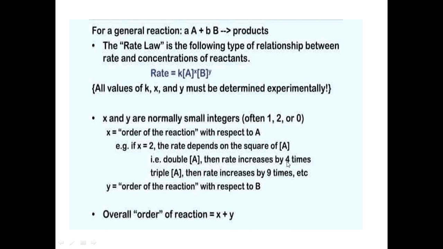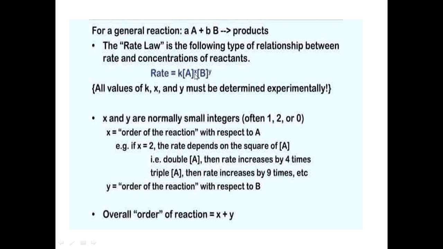In the same way, when we increase the concentration by 3, which is we triple it, the rate will increase by 3 squared, which is what? 9. Let's take it again. If let's say the x is 2 and this reaction is in second order with respect to A, when you increase the concentration of A by 2, the rate also increases by the same 2 squared.